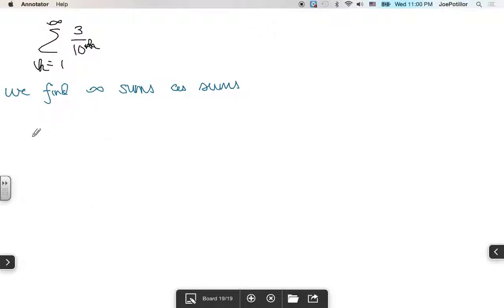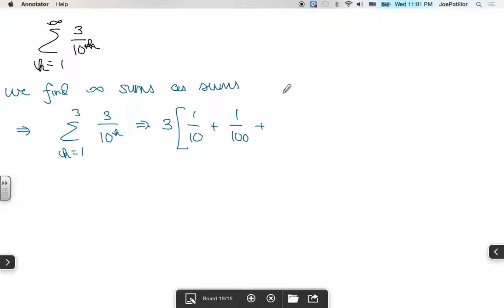In calculus, you'll learn the formal way to do this. It's 3 over 10, plus 3 over 100, and plus 3 over 1000. You do not need to simplify that. Okay.